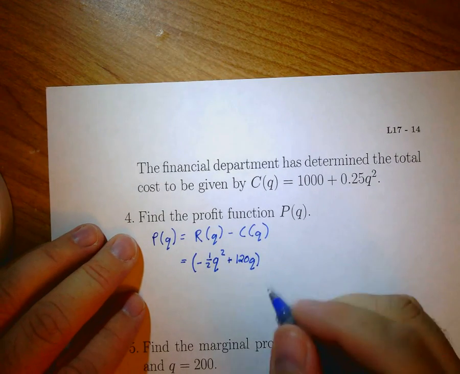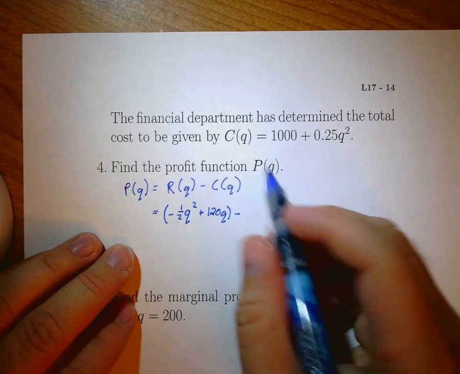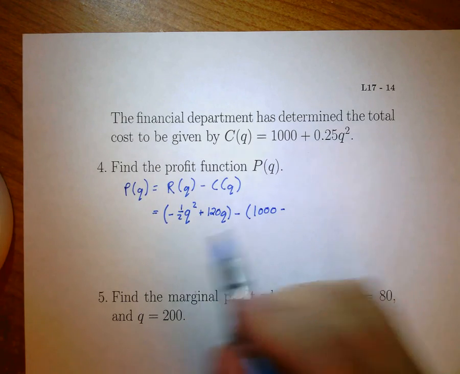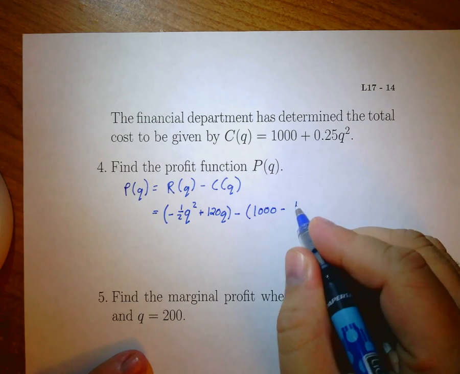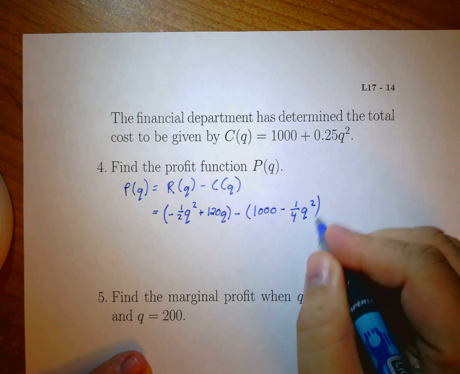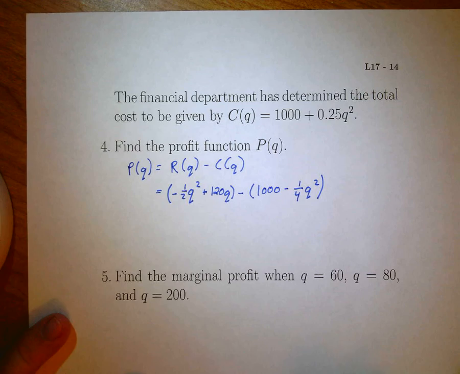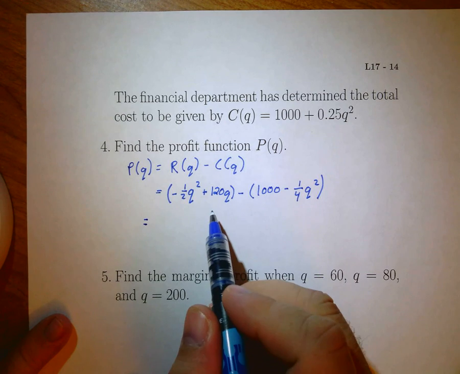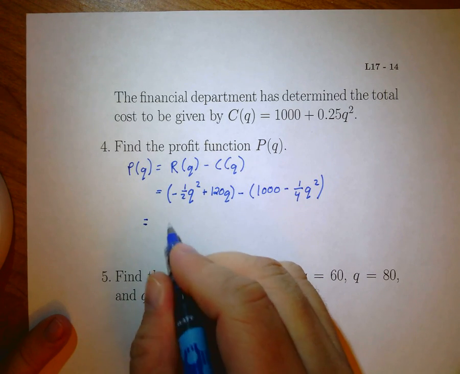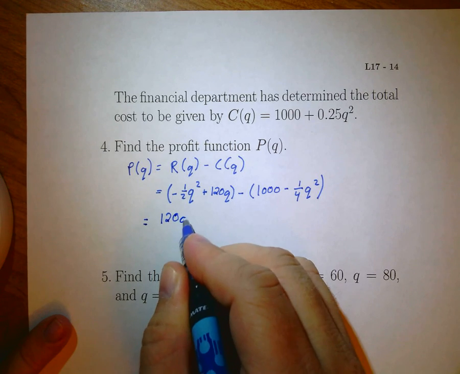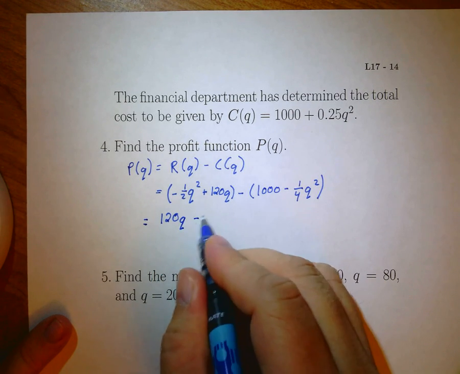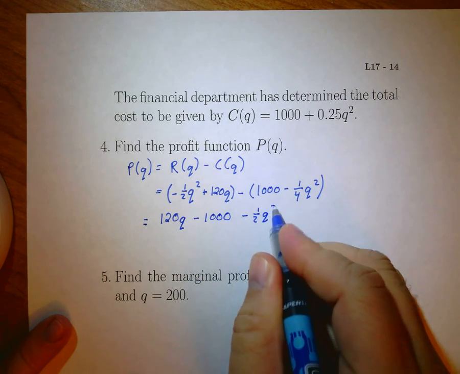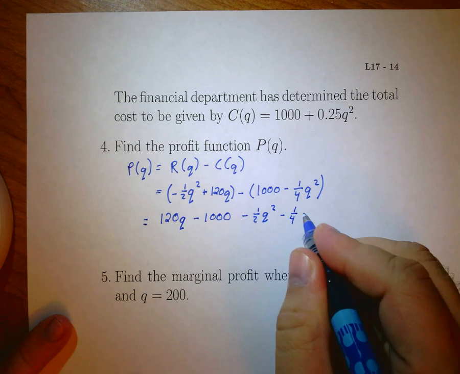Now what I'm going to do is subtract off the cost, which is now given to us. I'm going to subtract this off as 1000 minus, instead of putting in decimals and fractions mixed together, I'll just put them all as fractions. So I'll write that as 1/4 q squared. So now that's going to be equal to 120q minus 1000, and I'll put together the minus 1/2 q squared minus the 1/4 q squared.